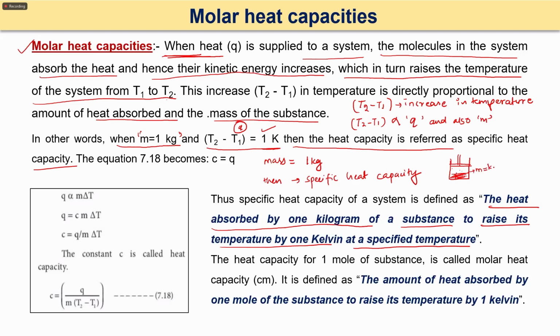If you are providing heat Q to the system, then this 1 kg of substance will absorb heat. If it absorbs heat, then the temperature will rise. In order to raise the temperature by 1 Kelvin, what amount of heat is required? That heat is known as the specific heat capacity of a system.